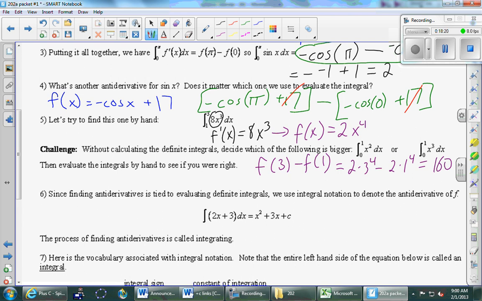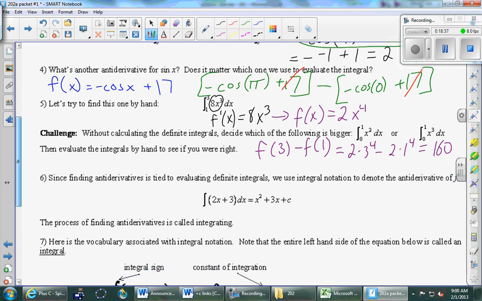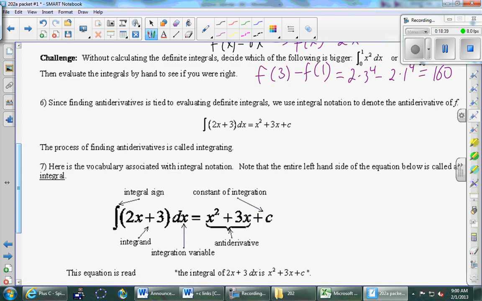Okay, number 6, Steve. Okay, so take a look at that next symbolic thing. It's the integral of 2x plus 3 dx, and I'm saying it's equal to x squared plus 3x plus c.